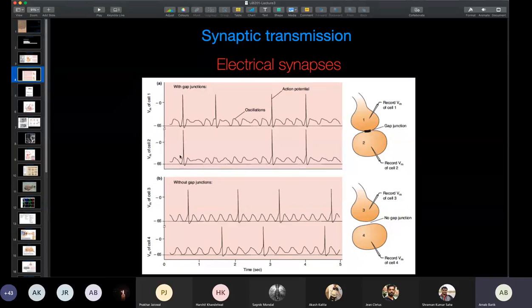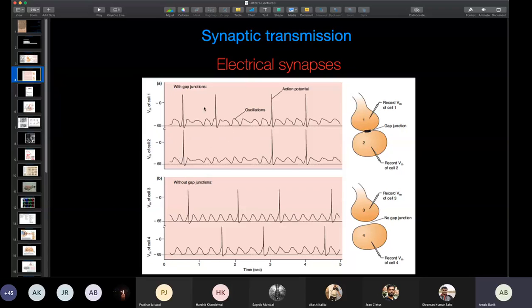When a brain structure is controlling something like that, it needs to coordinate the different neurons that are controlling different parts of the body. Say you are talking and using both of your hands, and the left hand is coordinated to the right hand. Similarly, the neurons have to be tuned to each other so that your actions are perfectly coordinated and go as you want. So that's why the coordination is important.